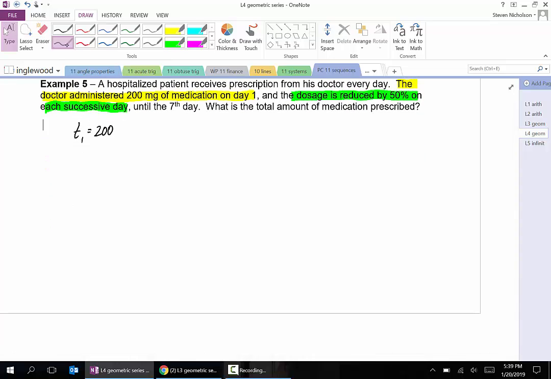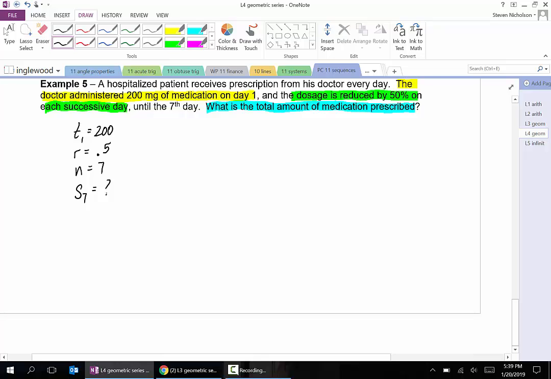Well, that's R. So again, what are we doing? We're cutting it in half, or we're multiplying by 1/2. So R is equal to 0.5, N is 7, and we're finally asked what is the total amount of medication prescribed. So we're asking for S7.